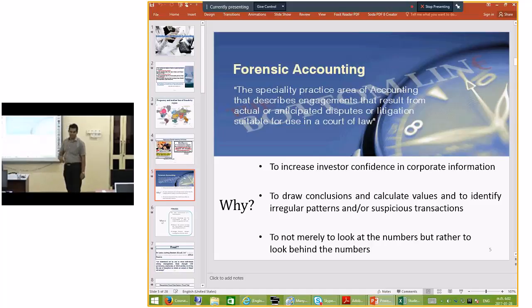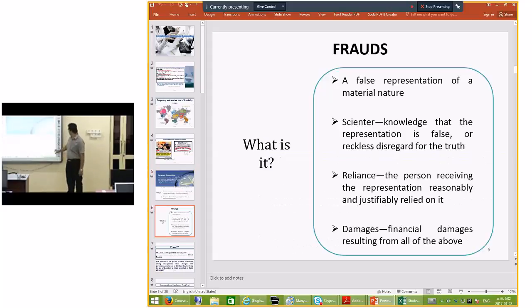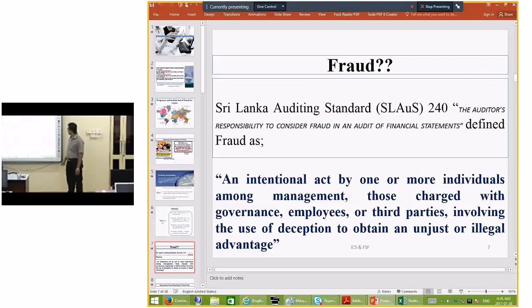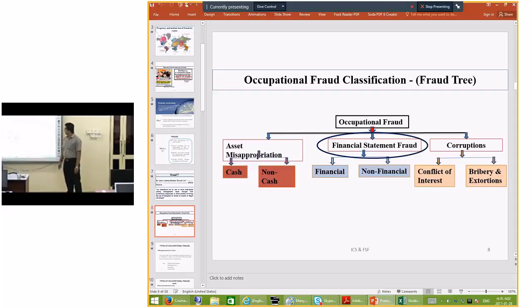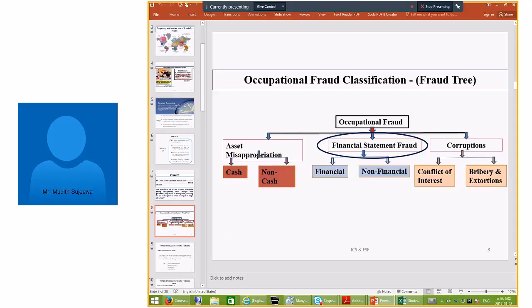So that is what we discussed, right? Fraud we already discussed, so I am not going to discuss it again. It's an intentional act. As we discussed, occupational frauds are of three types: asset misappropriation, financial statement fraud, and corruption.